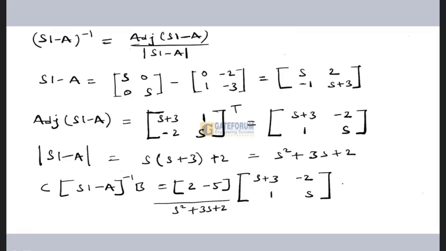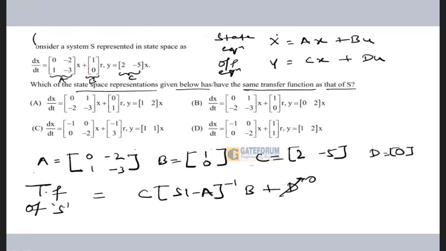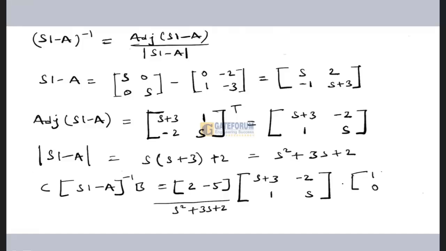Okay, determinant. So for the inverse I have written adjoint of (sI minus A) divided by determinant of (sI minus A), into B, which is [1, 0]. So finally, this part will be a 2 by 1 matrix.